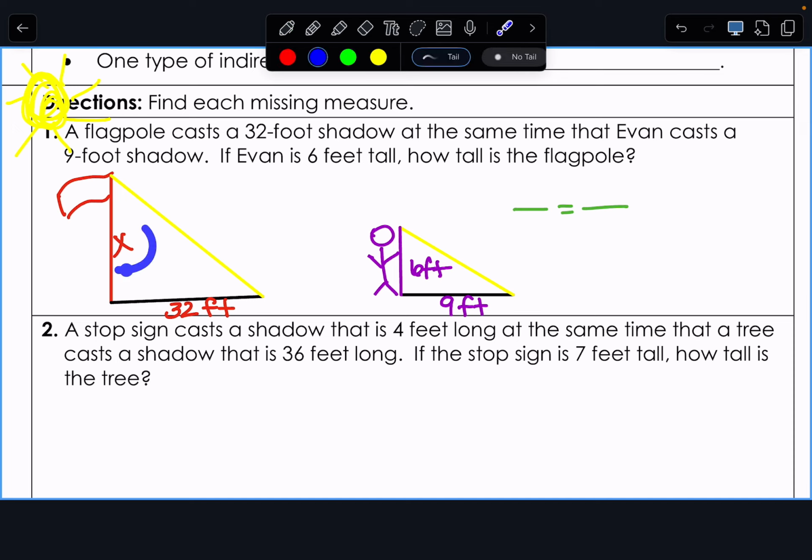What corresponds with X? 6. I'm going to do X over 6. Now, in this fraction over here, am I going to put 32 over 9 or 9 over 32? Why?